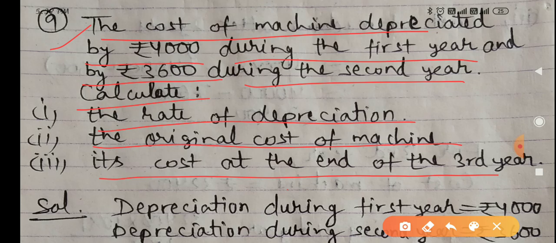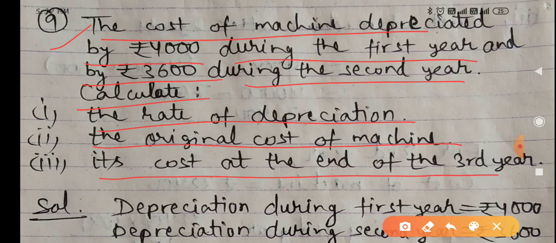So this is the application of compound interest. The same method you apply to calculate compound interest, you can apply to calculate the value of the machine after the first year, after the second year, after the third year. One more time I am telling you about this application.